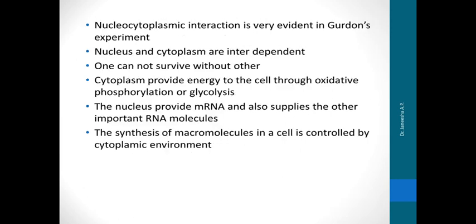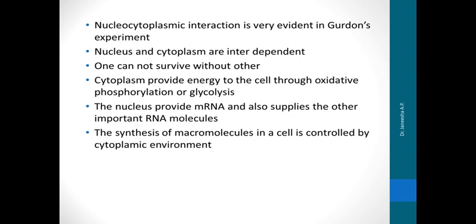The nucleocytoplasmic interaction is very evident. So we saw two experiments. It is very evident in Gurdon's experiment. So we can say the nucleus and cytoplasm are interdependent. One cannot survive without the other. The cytoplasm provides the energy to the cell, whereas the nucleus provides the mRNA.